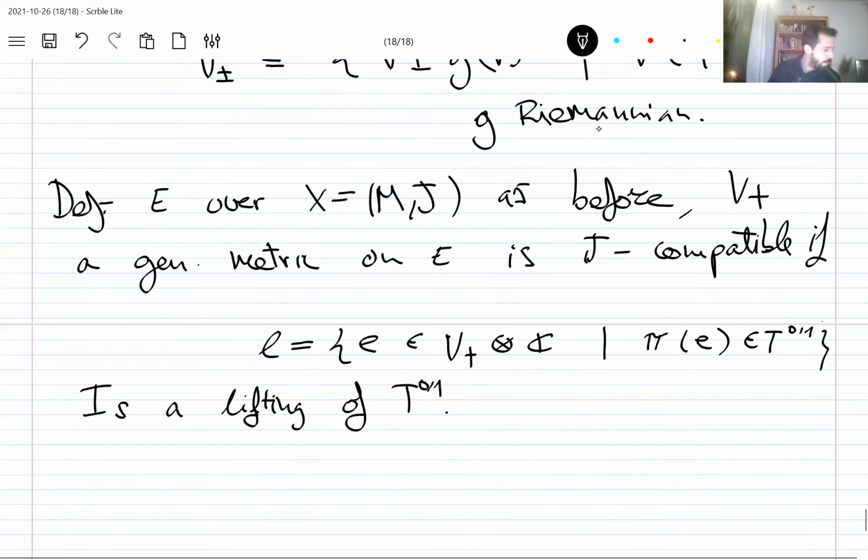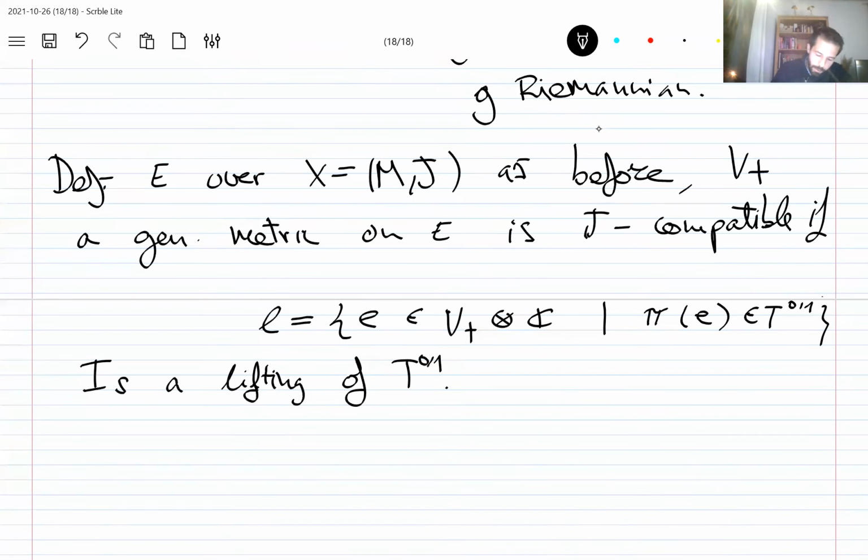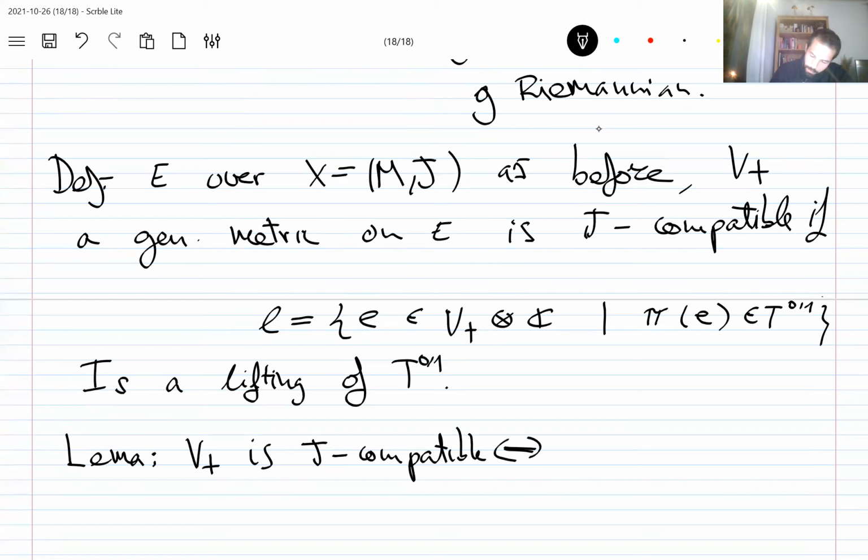So now this is the basic lemma. B plus is J compatible if and only if, one, the metric determined by the generalized metric is Hermitian.